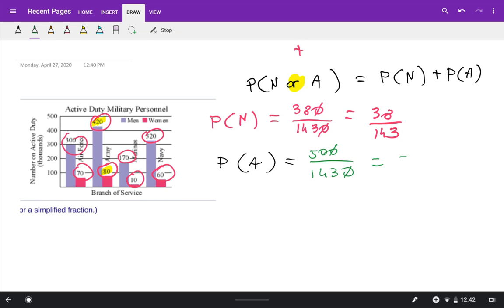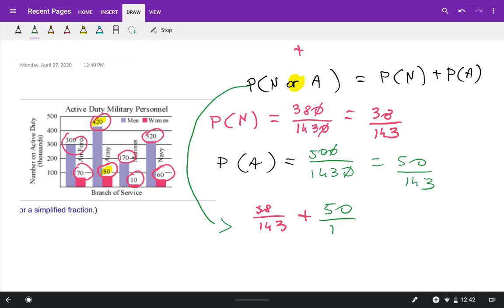Reduce it, so we get 50 over 143. Now we go back to the probability of selecting Navy or Army. The probability of Navy is 38 over 143, plus the probability of selecting somebody from the Army, which was 50 over 143. 50 plus 38 gives us 88 over 143.